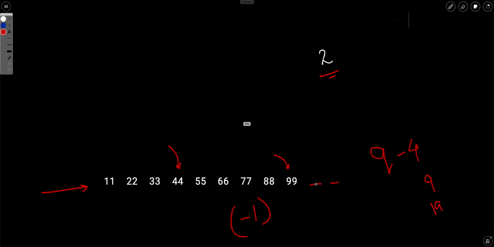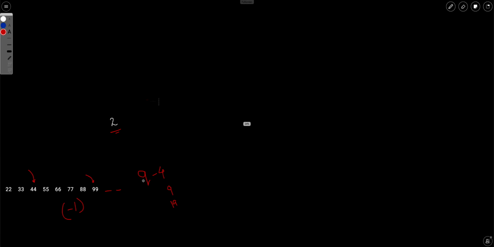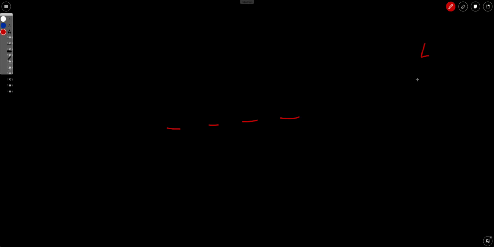So let's try to understand the solution. So before jumping into the solution itself, let's try to understand a few things. So for simplicity, we are just assuming that the length of string is even. So the odd case is very similar, but we will come to that afterwards. So we are assuming that the length of the string is even.